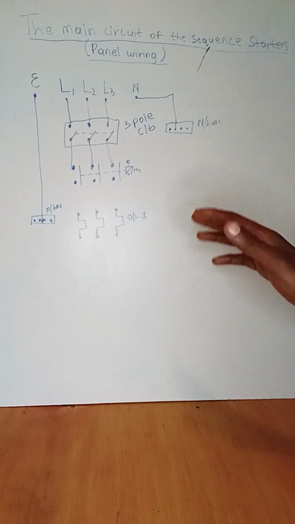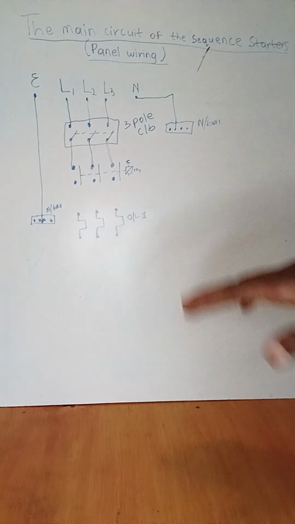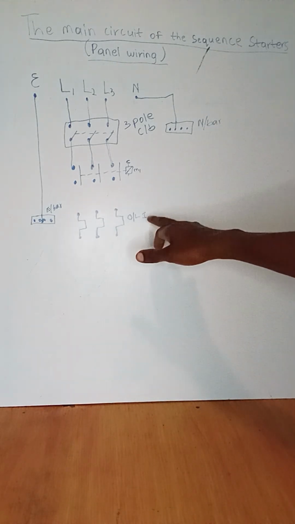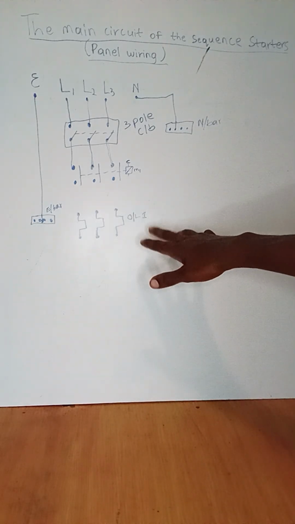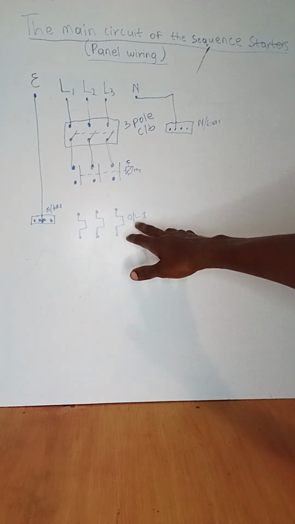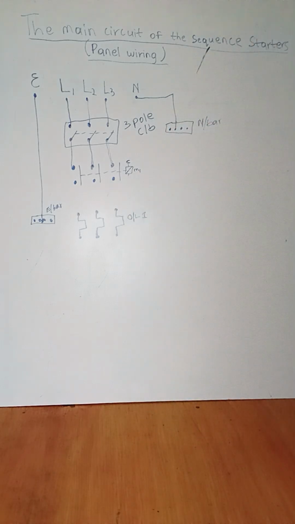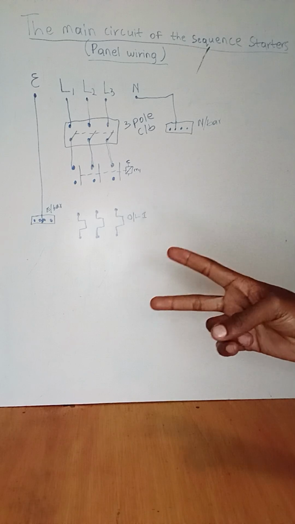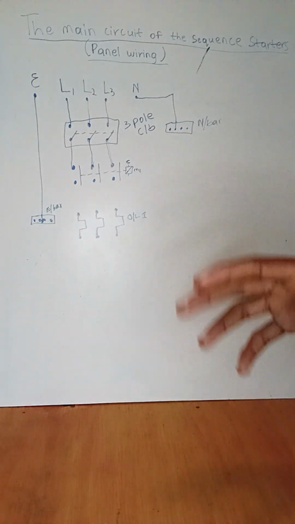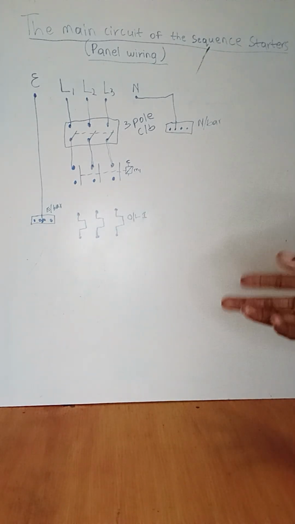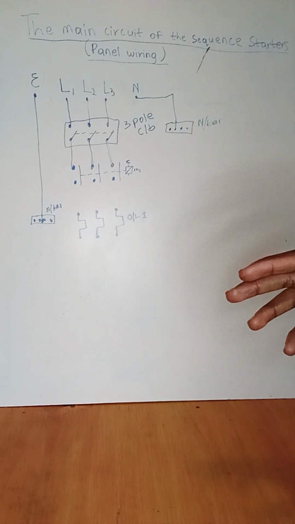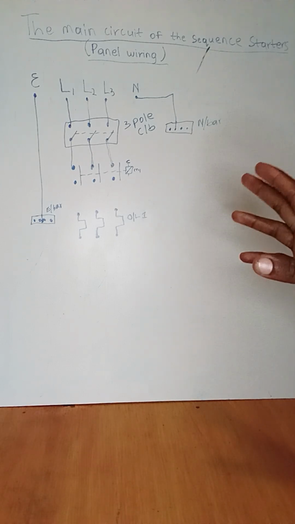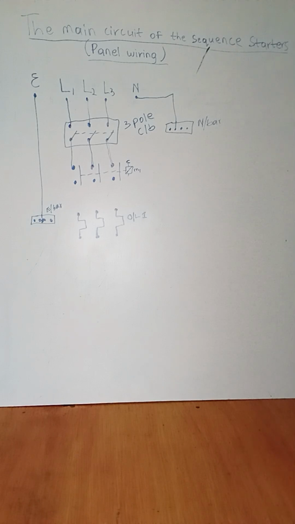Right here we have the symbol of overload relay 1. The reason why we say overload relay 1 is because we will be dealing with two motors. Each motor will need its overload relay.